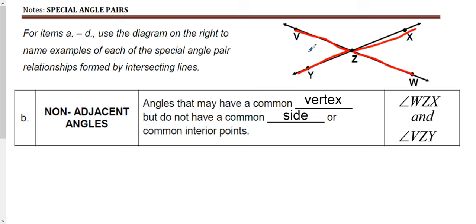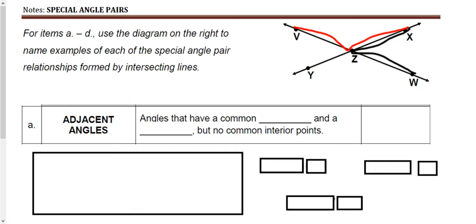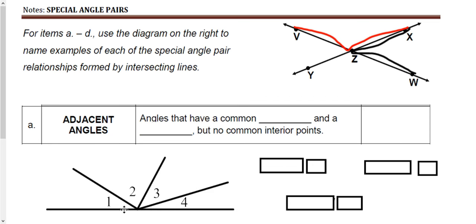So these two share the common vertex, but their sides are totally different. They don't share a common side. In that other picture with those four angles, 1 and 3 are not adjacent, or 1 and 4 are not adjacent, stuff like that. 2 and 4 aren't adjacent. They don't share a common side. They're kind of separated. They're not side by side.